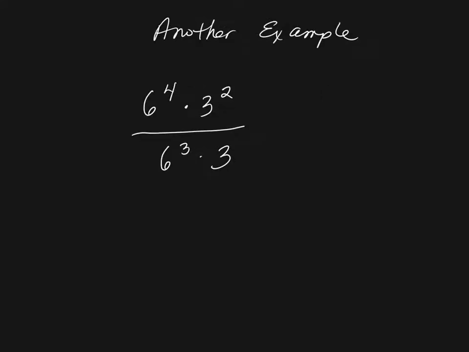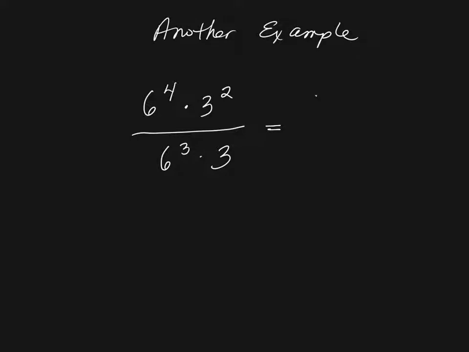All right, so what would you do with something like this? You have multiplication and division mixed together. Well, if you think about the order of operations that you've learned before, you do parentheses, and then you do exponents, right? So you are allowed to split this into the things that have the same bases.